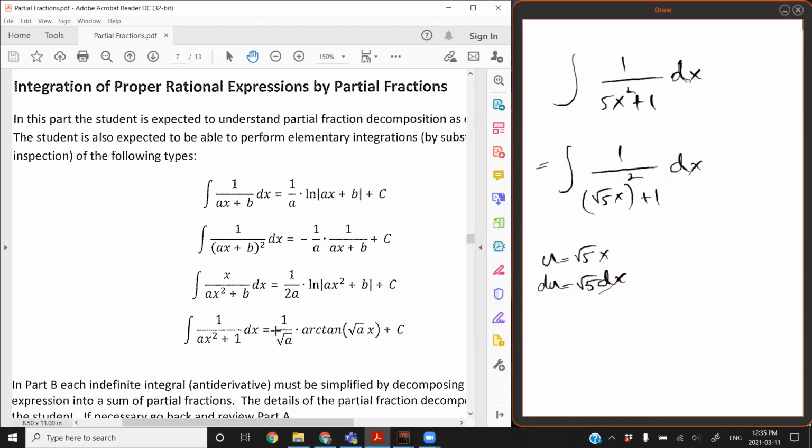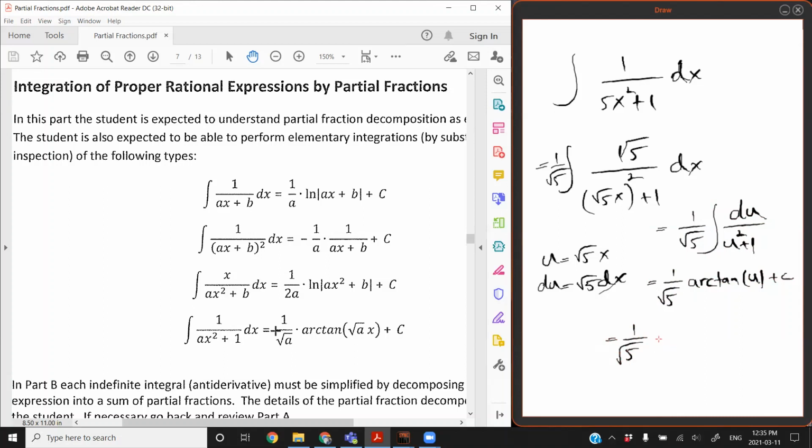Then you realize that you have the dx, you don't have the root 5, so you can multiply by root 5 here and divide by root 5 outside. This becomes 1 over root 5, antiderivative of du on top, u squared plus 1 at the bottom, which is going to be 1 over root 5 arctangent of u plus c.